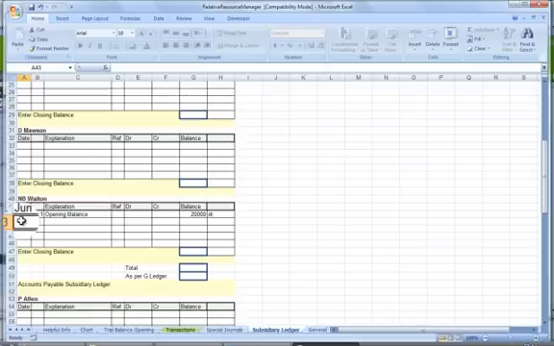So let's have a look on June 1. We made a sale. The reference here is the posting reference that comes from the sales journal. We made a sale of $50,000.